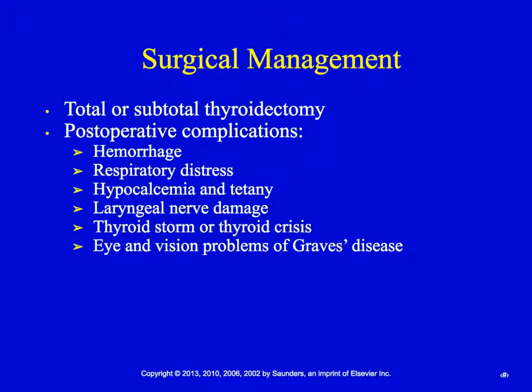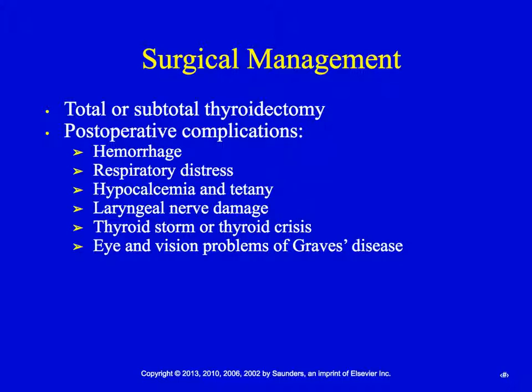There are some patients that the treatment with drug therapy and radioactive iodine is not effective. They might have to remove their thyroid gland, and this is a partial or total removal of the thyroid gland. The important thing to understand is if we remove their thyroid gland, everybody still needs some degree of thyroid hormone.